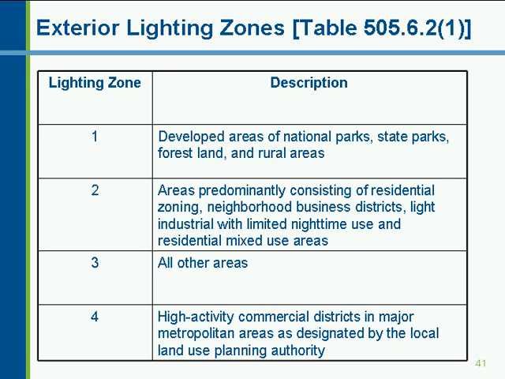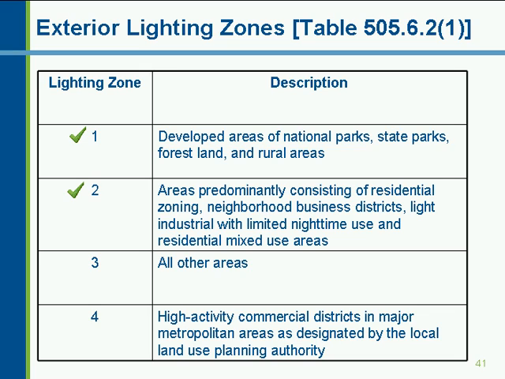If you're next to a lot of exterior lighting, your lighting, because of contrast or visual needs, is going to have to be higher. If you're in low light ambient conditions, you don't need as much light. So there are 4 defined zones here. The first one is for those low light areas, national parks, state parks, basic forest land or rural areas where there isn't much light to begin with, so you don't need as much light for contrast and visual capability.